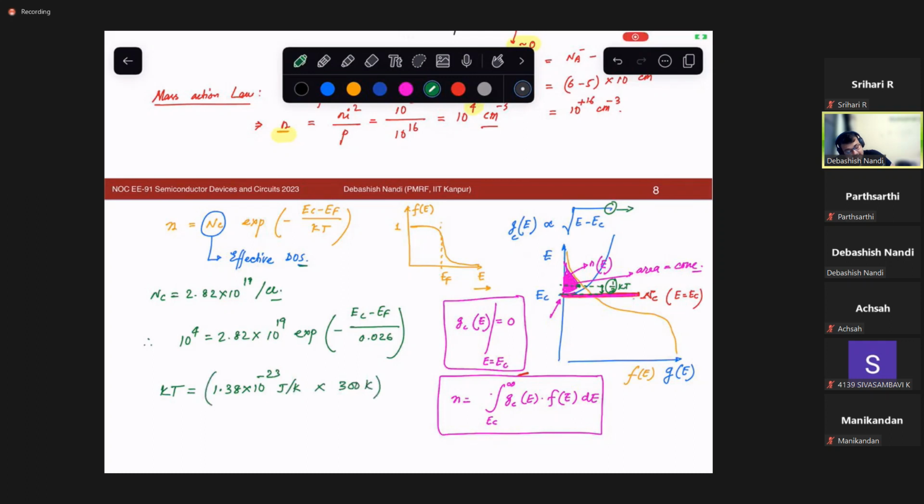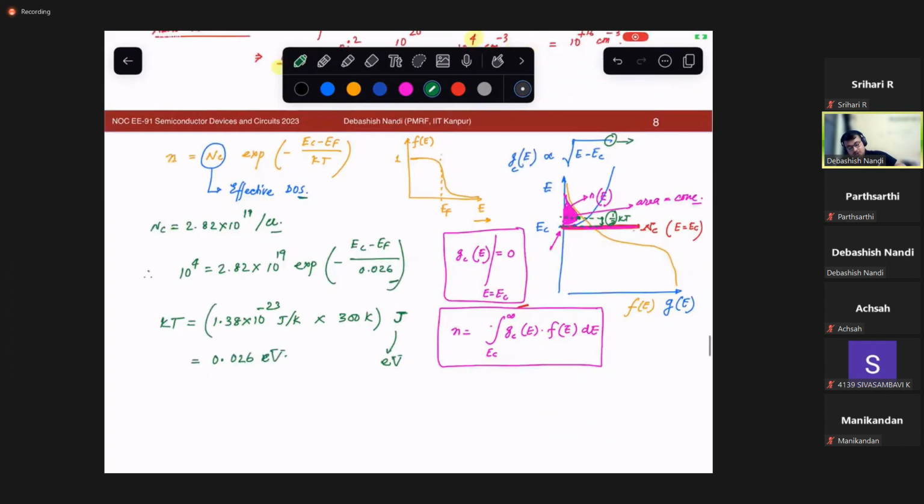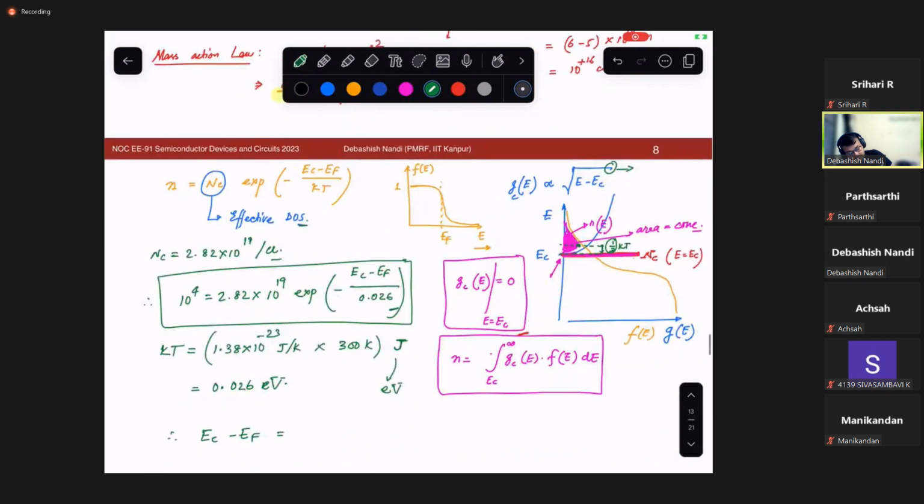This result will give you joules. Now if you convert joule to electron volt by dividing it by the electron charge, you will get 0.026 electron volt, so I am taking it in electron volt. If you solve this equation numerically, after some calculation you will find that EC minus EF comes out to be around 0.92 electron volt.